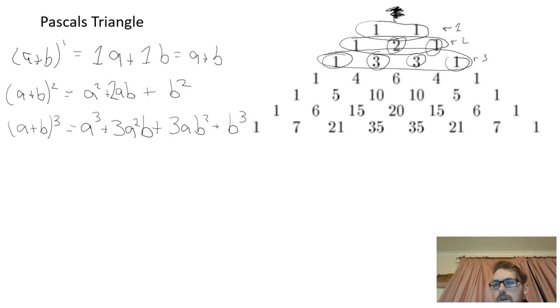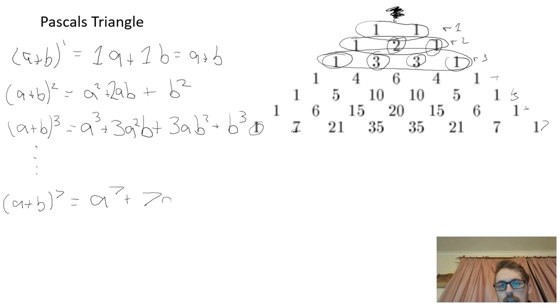All right, so how many rows have we got? We've got 4, 5, 6, 7. So we've got 7. So just imagine that goes on forever, and I've got (a + b) to the power of 7. So the way that would work is I'd have a to the power of 7 plus my next number is 7.